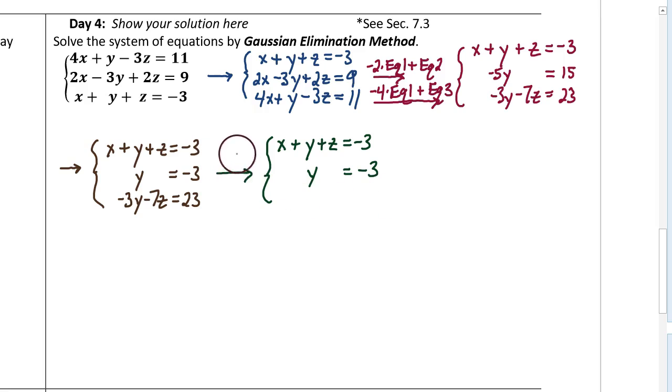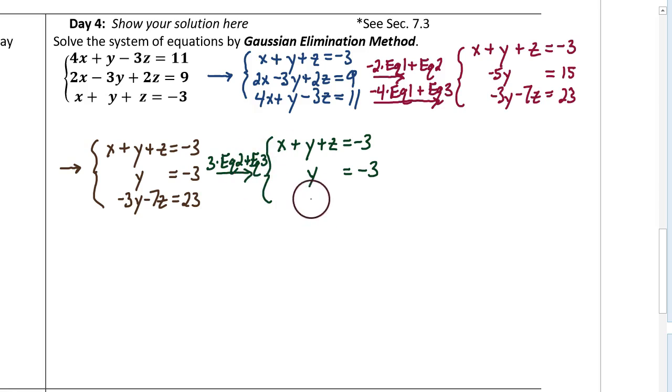Now on top of this arrow right here, let's label what we're going to do. What would you add to -3y to make it eliminate? You would add +3y. So we would have to take 3 times equation 2 and add that to equation 3 to create our new equation 3.